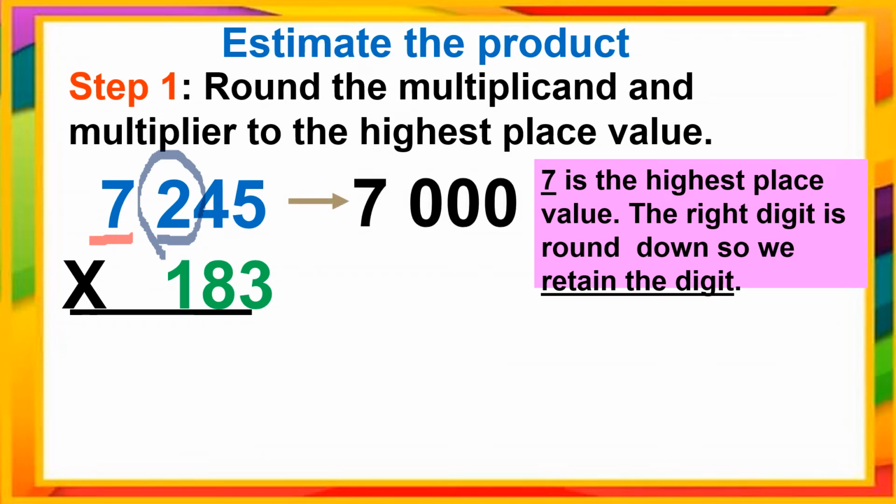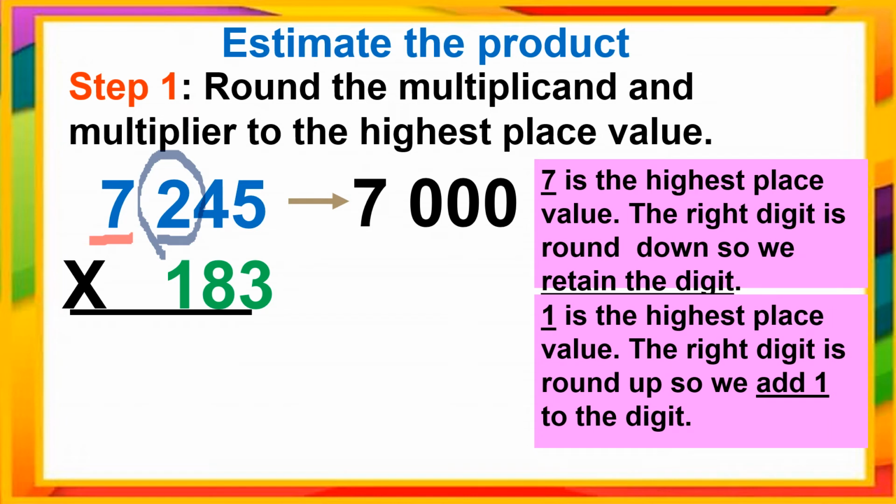Now let's proceed to the multiplier. Our number is 183. This is a 3-digit number, so the number that has the highest place value is 1. Then we look for the number at the right of 1. Can you tell me what number is at the right of 1? Yes, very good. This is 8.